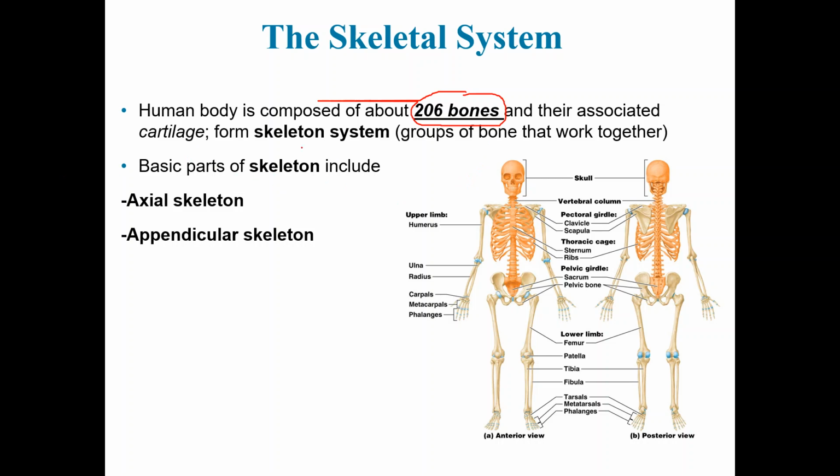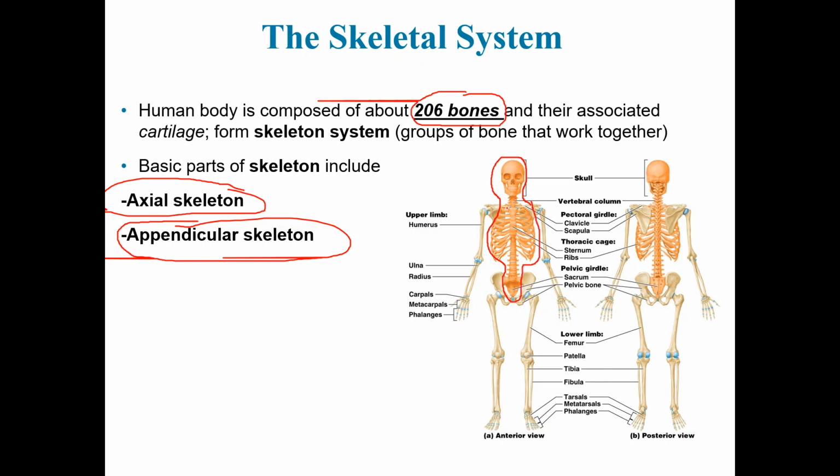The whole skeletal system, we like to divide in two portions. One is the axial skeleton, which we're going to talk about in this lecture. And the second portion is the appendicular skeleton. The definition already tells you what these two portions refer to. The axial skeleton forms the axis of the body, and this one is highlighted in orange.